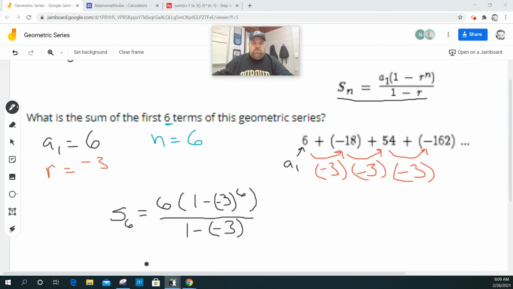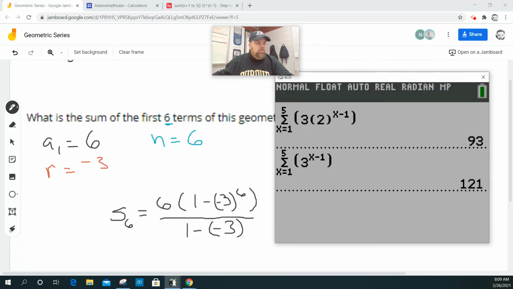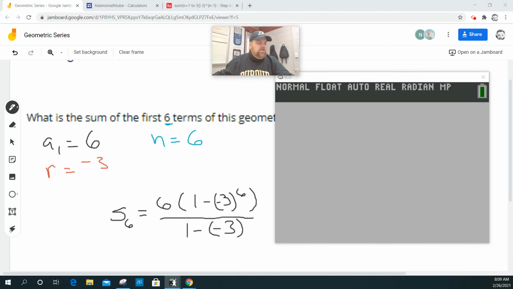So basically we're going to do this problem. I'm going to put this over here, and we're going to plug it in. Now I'm going to do it 2 ways. I'm going to do the summation first. So if I hit math 0, this is going to be x. I'm starting at 1.